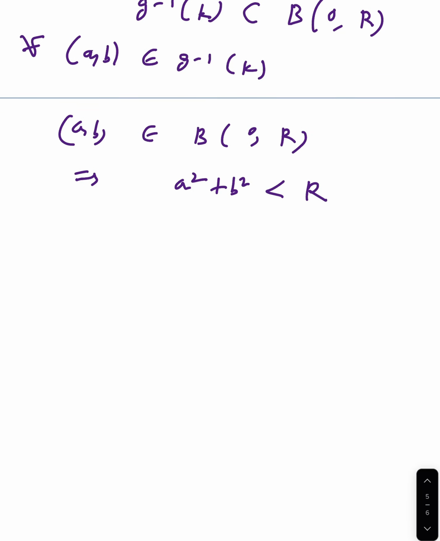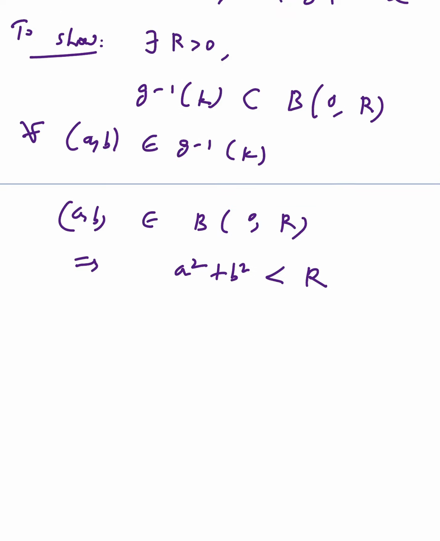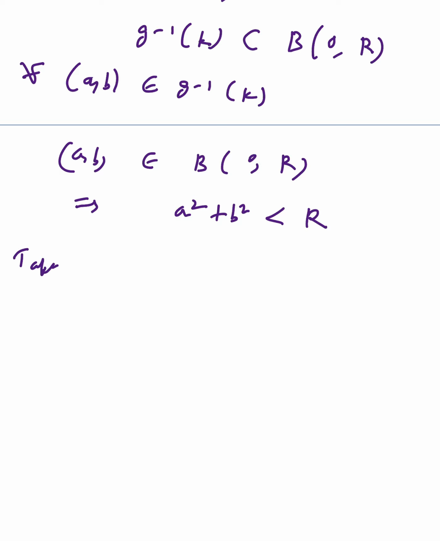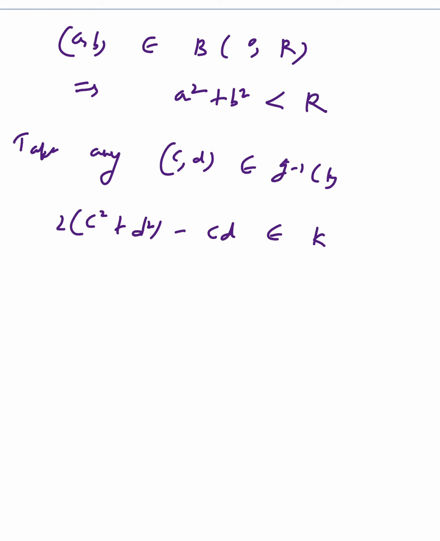Now, to see this, take (c, d) inside g inverse of K. But this means that 2c squared plus d squared minus cd is inside of K. And we know by the arithmetic mean greater or equal to geometric mean inequality that (c squared plus d squared)/2 has to be greater or equal to twice of mod cd.